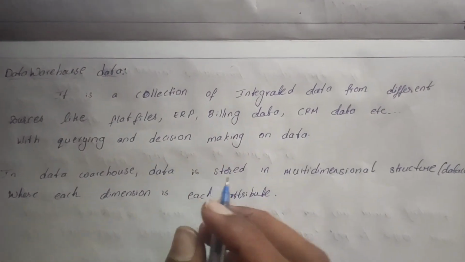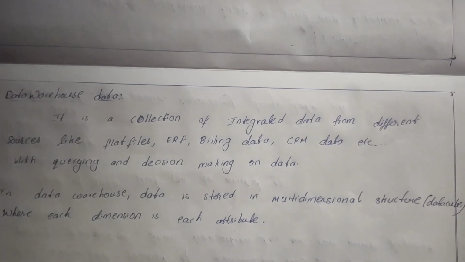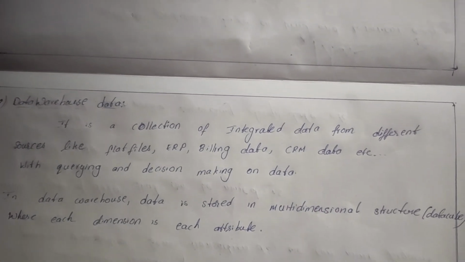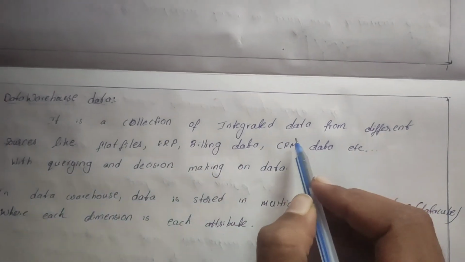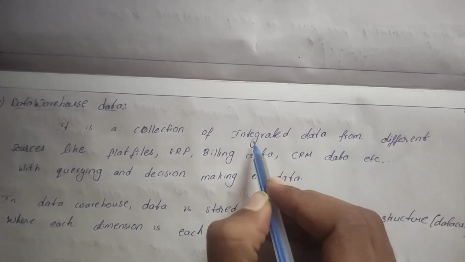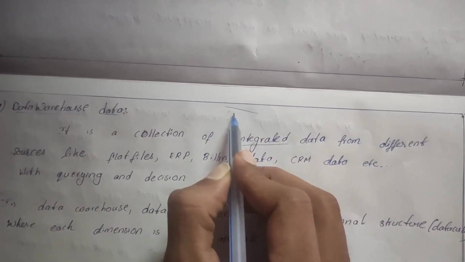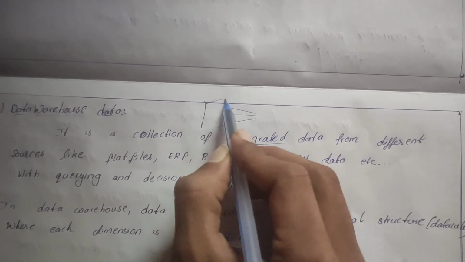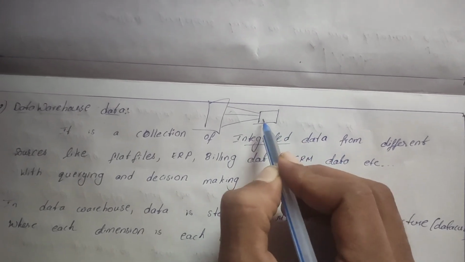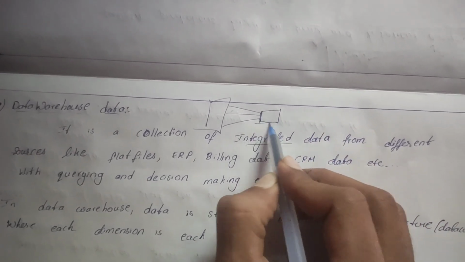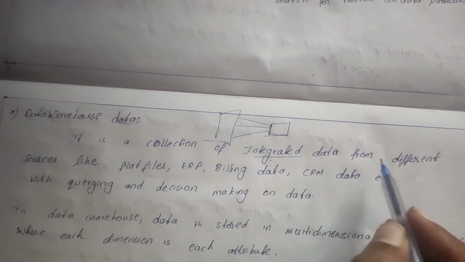Next, data warehouse data. We already completed data warehouse and its topics. Let us look at the definition of a data warehouse. It is a collection of integrated data. Integrated means we can collect data from different sources and combine it together.